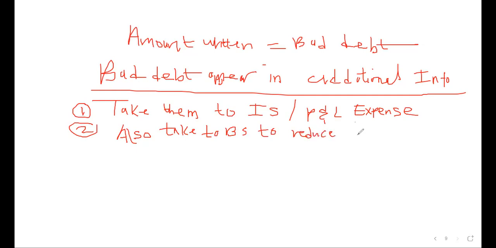The debtors will reduce because you've written off 50,000. So this is what happens on this one.